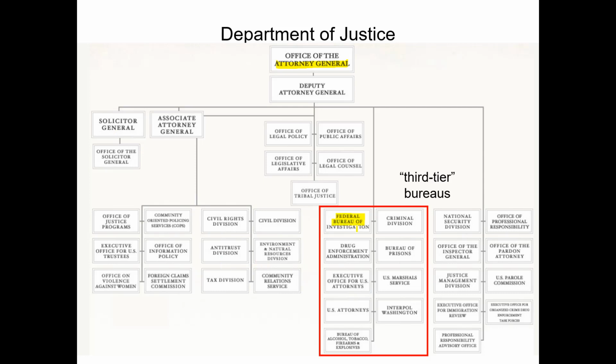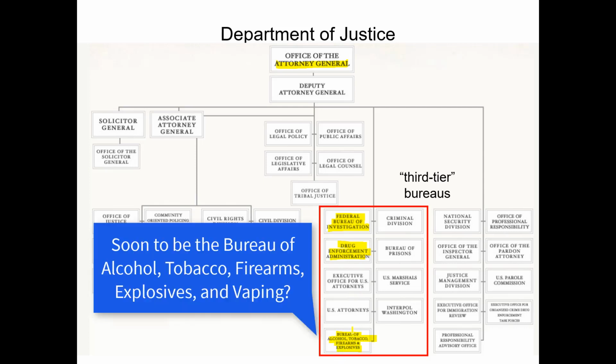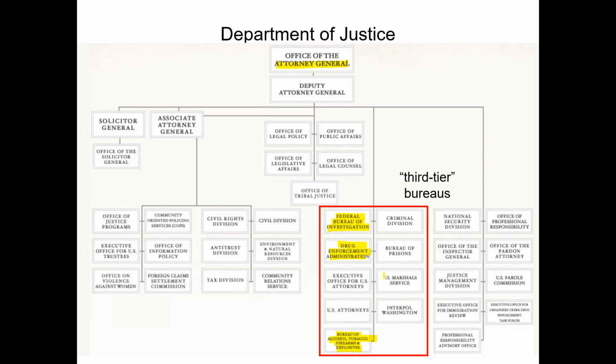The Federal Bureau of Investigation, the FBI. Here we have the DEA right here. This one is one you may be familiar with. Bureau of Alcohol, Tobacco, Firearms, and Explosives, and maybe something else eventually. U.S. Marshals Service here.